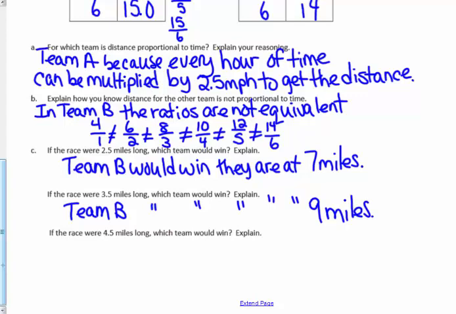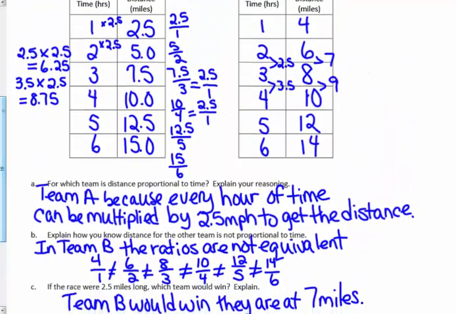If the race were 4.5 hours, which team would win? Let's see. 4.5 hours times 2 and 5/10 miles per hour gives me 11 and 25/100, or 11 1/4 miles. For Team B, 4.5 hours is halfway between 10 and 12, which is 11.